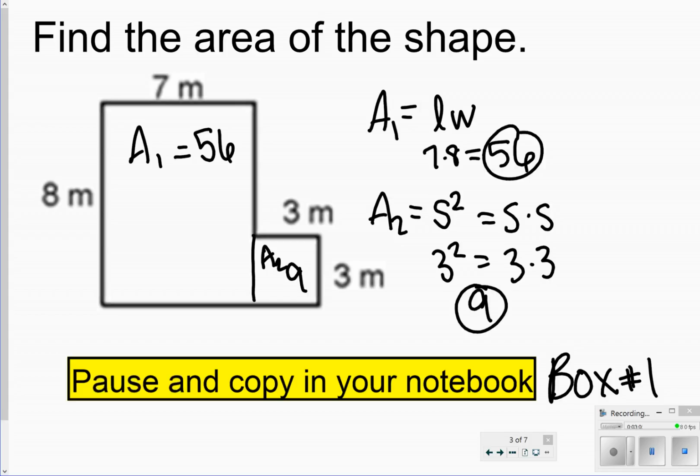So if we put the two together, if we do 56 and add to it 9, our total area of this irregular shape is going to be 65 meters squared. So that would be the total area. Go ahead and add this to your math notebook.